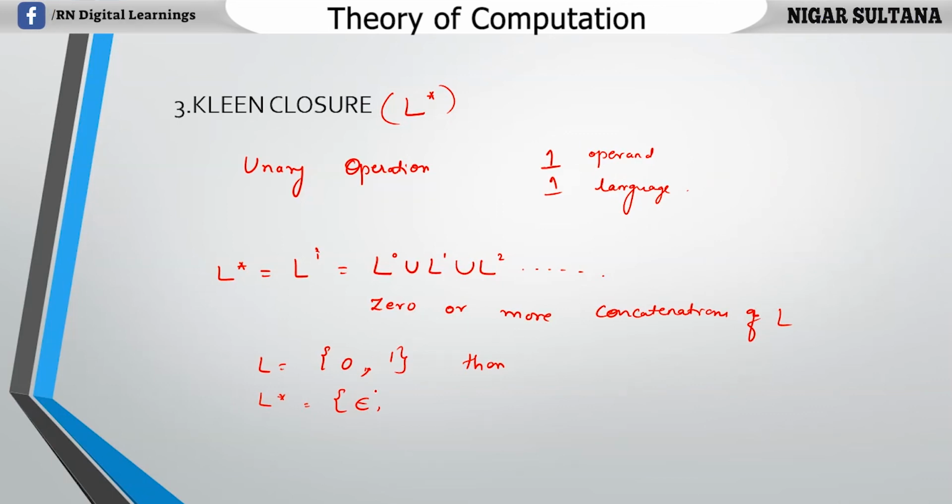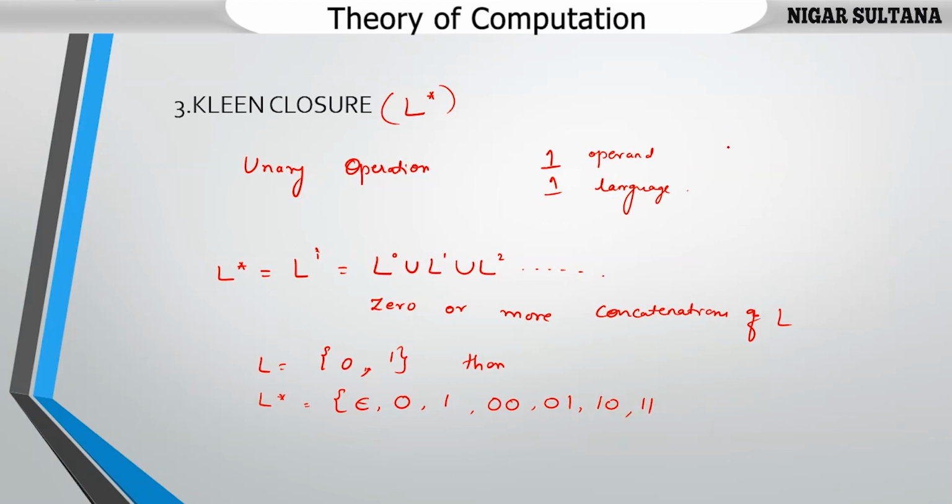From this alphabet I can take 0 and 1 separately, because this is length 0, this is a length 1, and this is another length 1. Next, again union of L2, that is length 2. Length 2 is 0 0, 0 1, 1 0, 1 1.